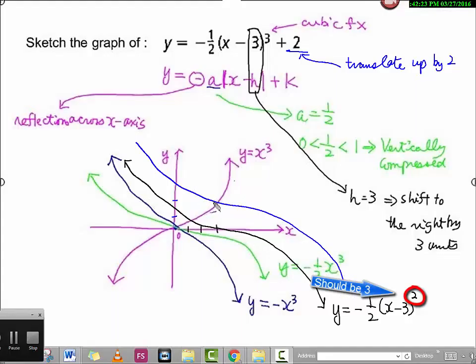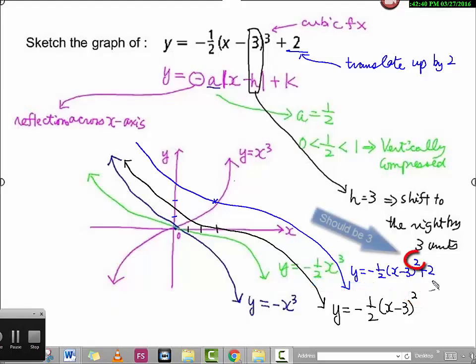So this is the point (3, 2). So we have y equal to negative half (x minus 3) to the third power plus 2. So this is the final destination after all the 4 types of transformation.